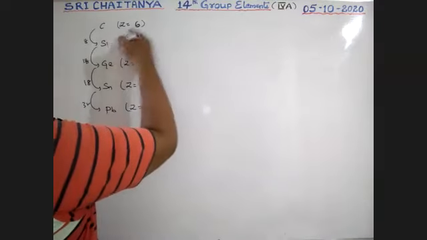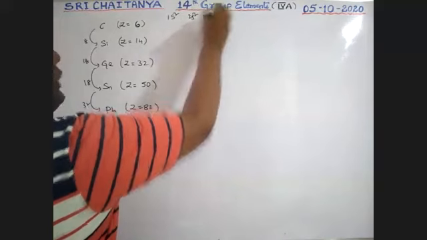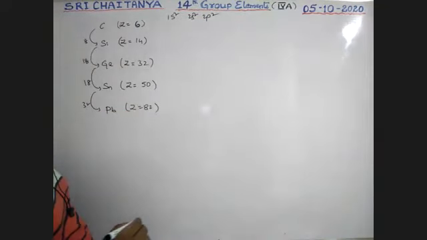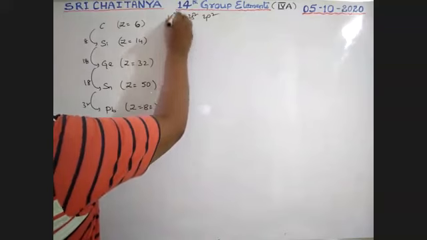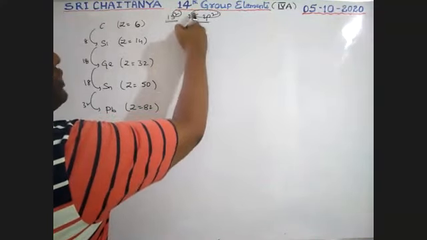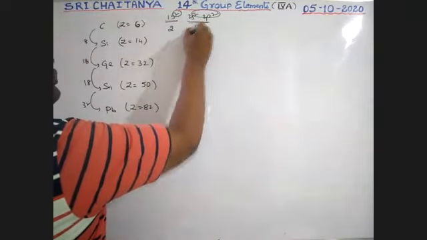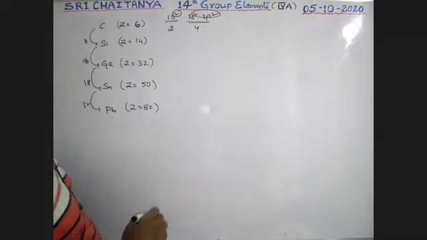Now let us try to write the electronic configuration, boys. Here, 6 means 1s2, 2s2, 2p2. The inner orbit contains 2 electrons and the outermost orbit contains 4 electrons, that is 2s2 2p2. Therefore, I am representing this as 2, 4.